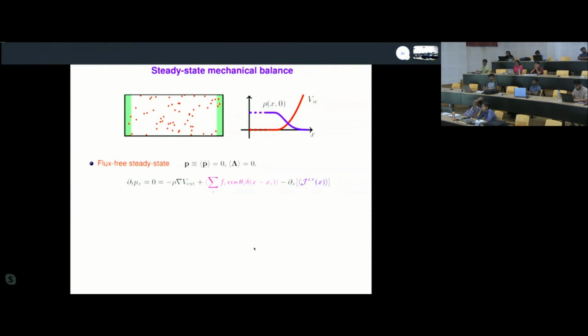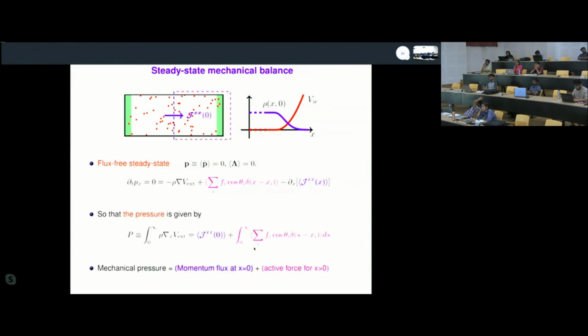So now I can take the rho grad v and put it on the other side of the equal sign, and I get that the local density of external force is given by the sum of the magenta and the blue terms. So if I want to compute the pressure, what I have to compute is the integral from 0 to infinity of rho d_x v.